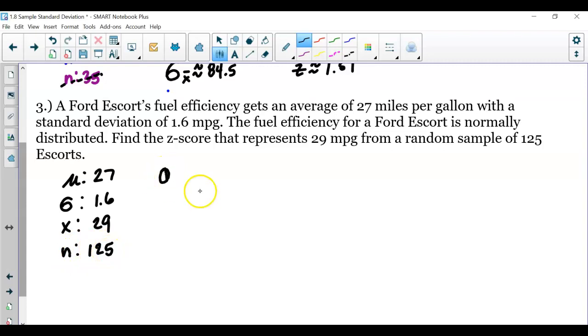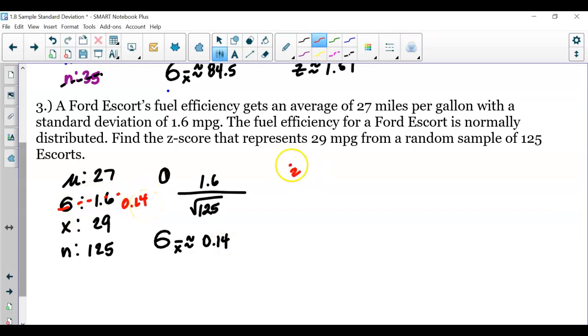So the first step you were supposed to do was get that sample standard deviation, which is taking the standard deviation of 1.6 and divide by the square root of 125. So the new standard deviation that you should have gotten was approximately 0.14. So now that is what you should have used to calculate the z-score.